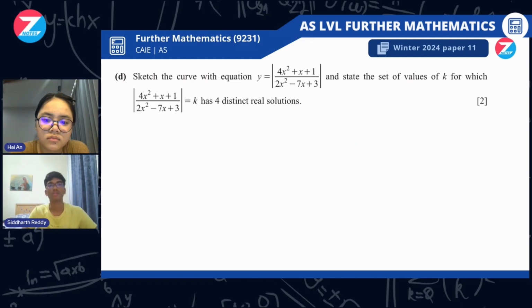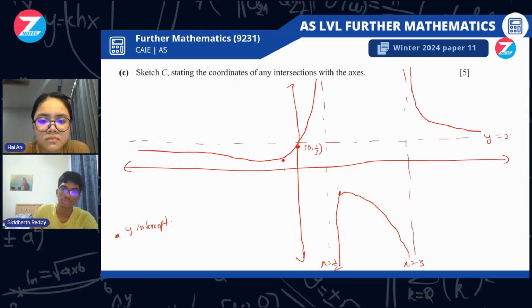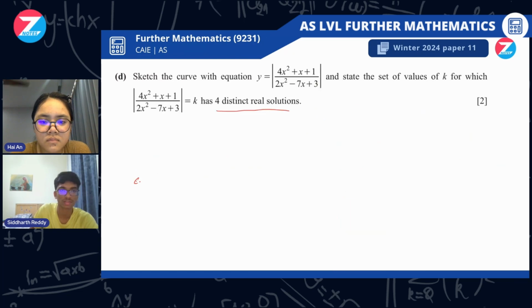Okay. Sketch this curve with the equation y is equal to the absolute value of (4x squared plus x plus 1) over the denominator, and state the set of values of k for which (4x squared plus x plus 1) divided by this is equal to k has 4 distinct real solutions. So this is just the absolute value of the previous graph. Absolute value means whatever was on the negative side gets reflected on top. So it would look something like this.